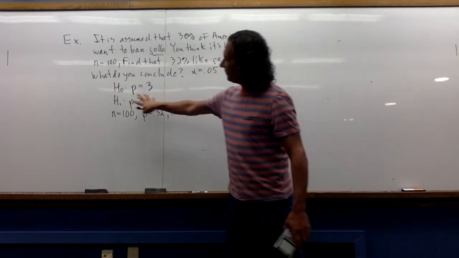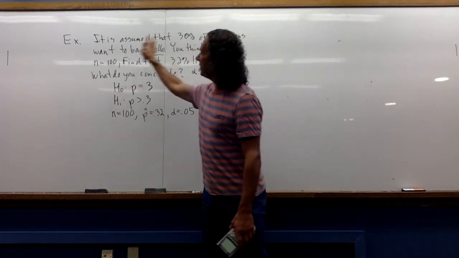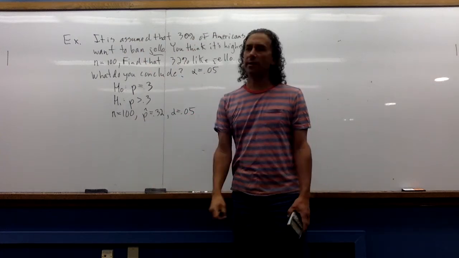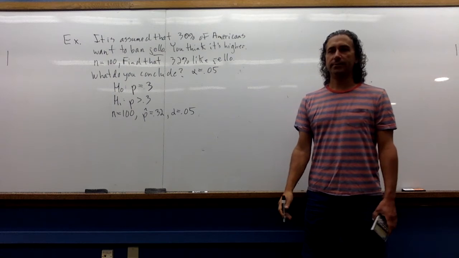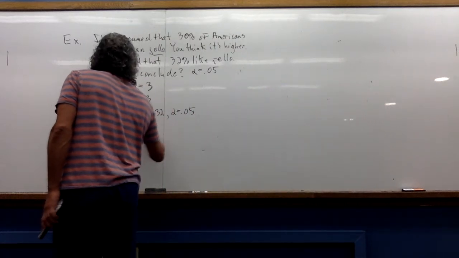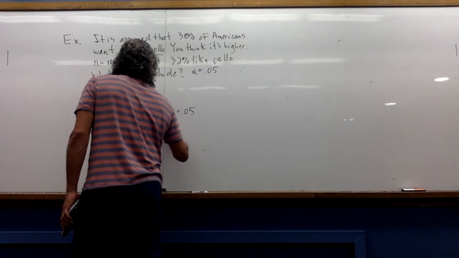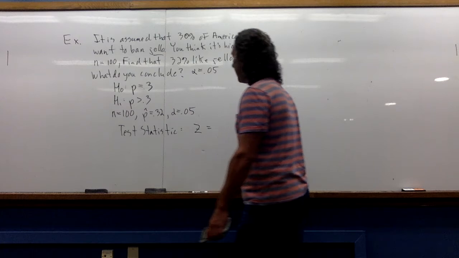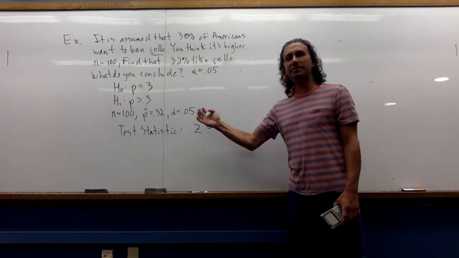Again, once I have this information, it doesn't really matter what I'm testing. It's really just this stuff which will help me come to a conclusion. The test statistic in this section is, well, I actually don't need to tell it to you because we've seen it already.